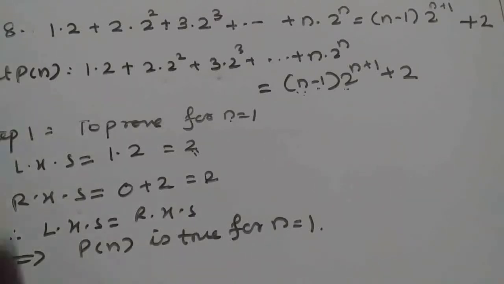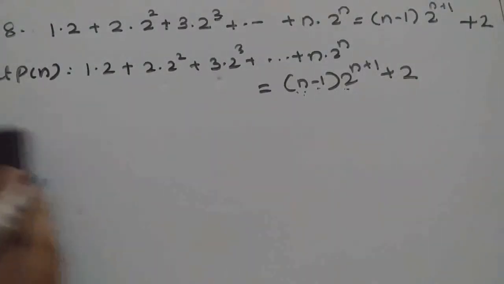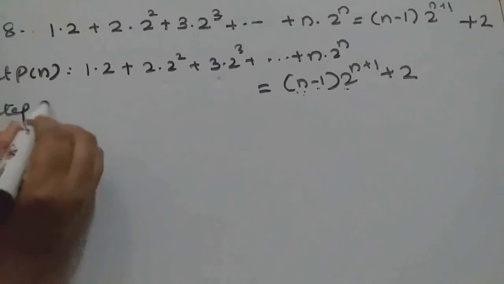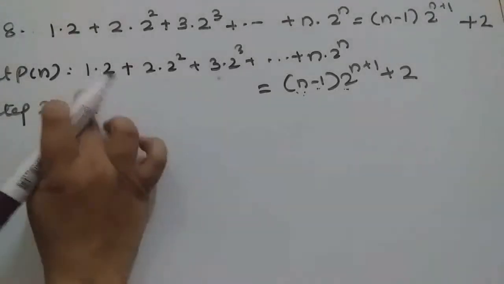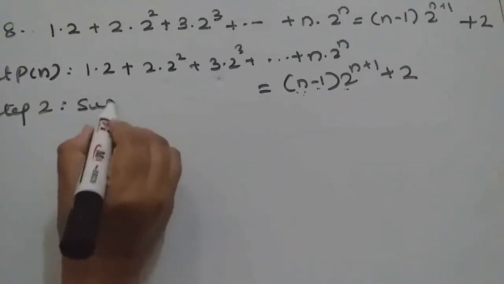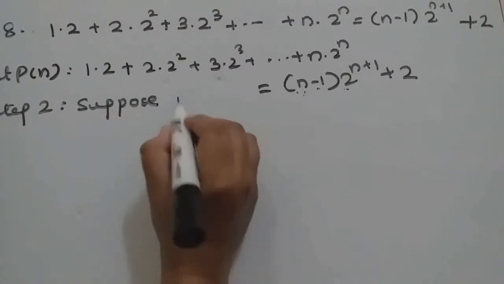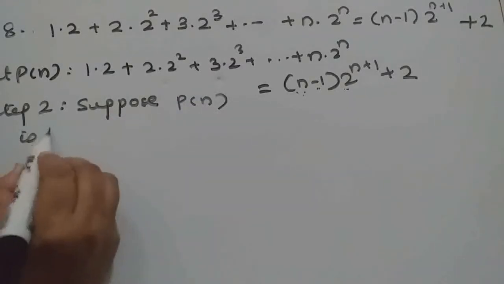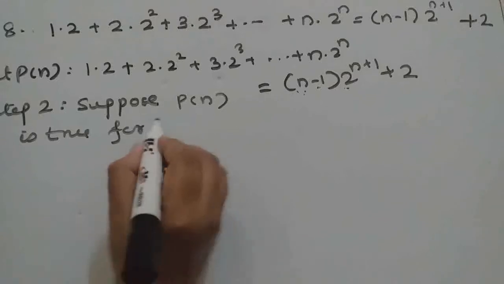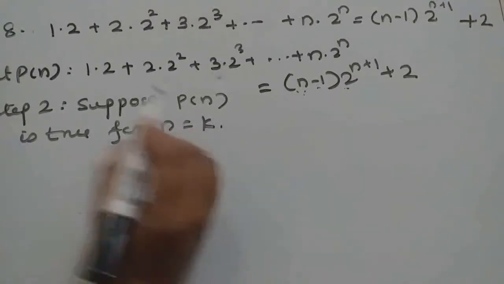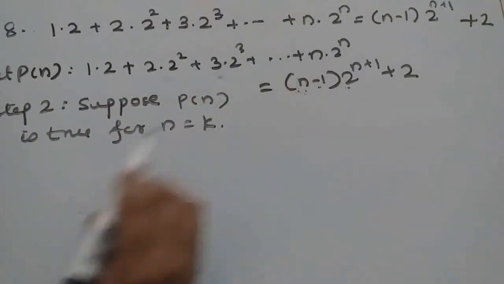Now the next step is step 2. Suppose P of n is true for n equal to k. So here we will substitute n value as k.